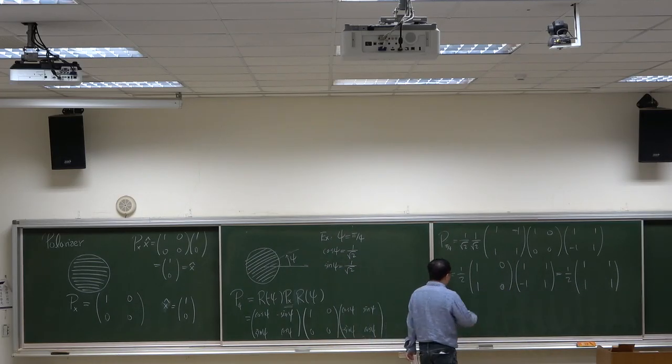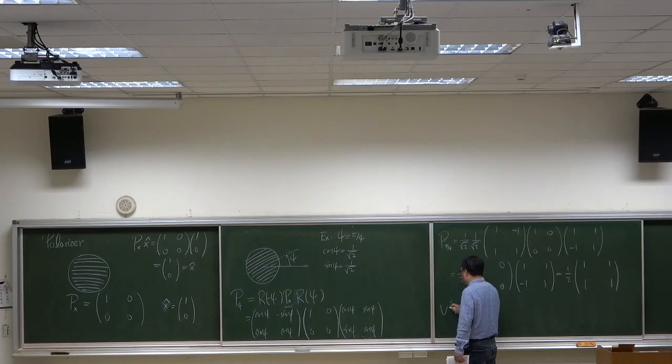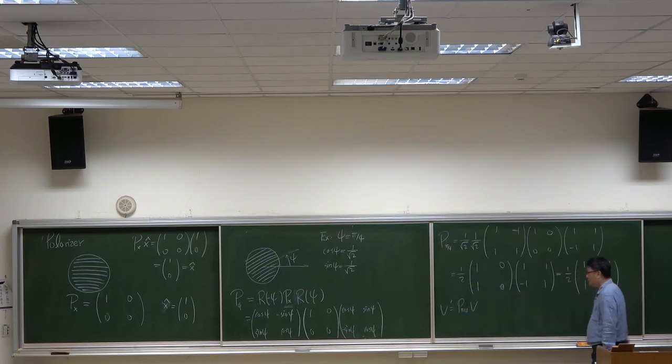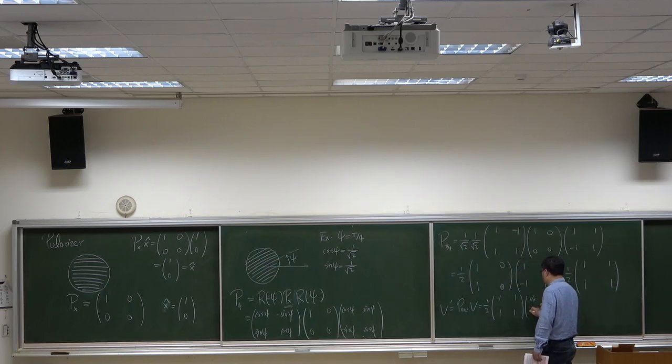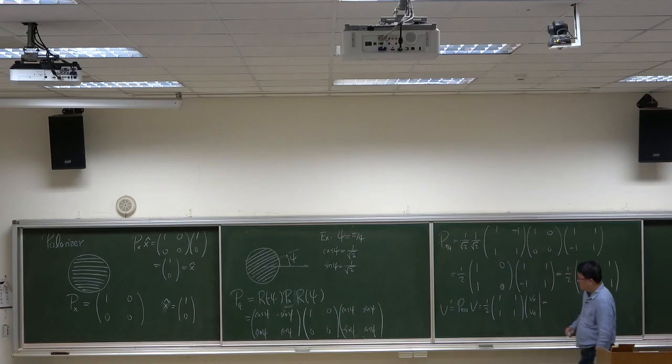So you see that if now I multiply it with an arbitrary incident polarization, we get 1/2 (bx plus by) times 1, 1.